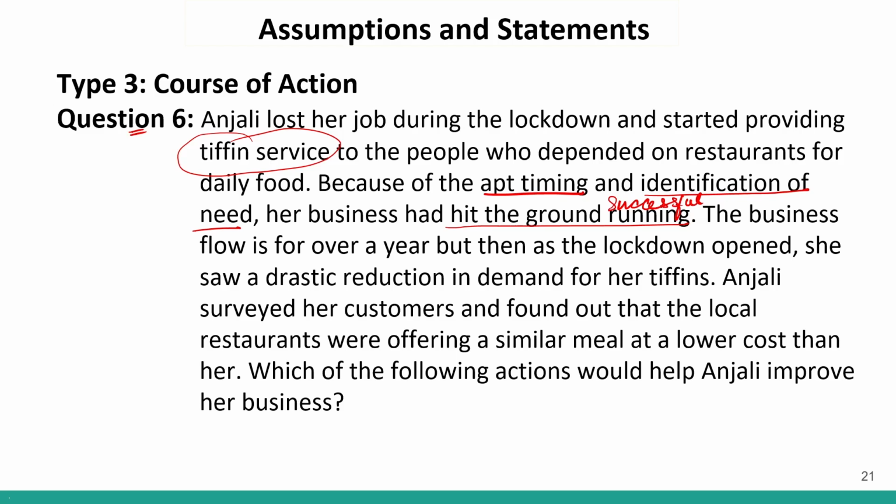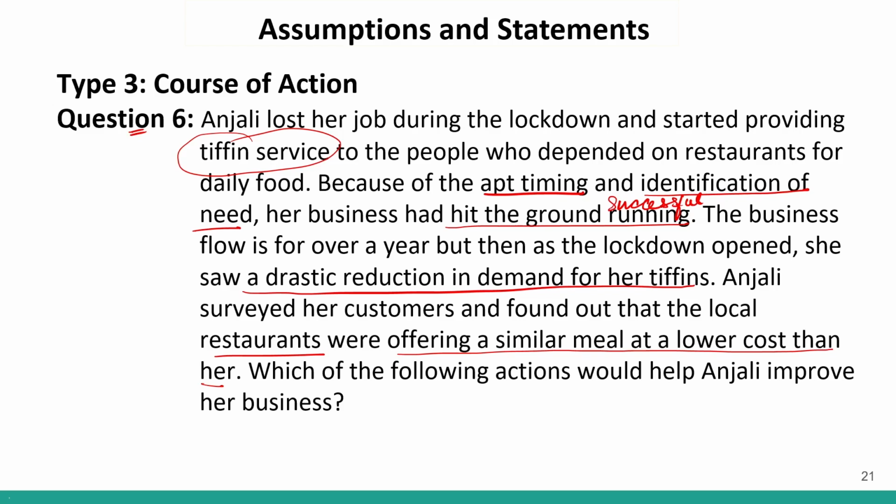The business flowed for over a year, but then as the lockdown opened, she saw a drastic reduction in demand for her tiffins. So during the lockdown, she was doing well. Her business was successful. But as soon as the lockdown opened up, she saw a reduction in demand. Anjali surveyed her customers and found out that the local restaurants were offering a similar meal at a lower cost than her. So what was the reason for the reduction in demand?